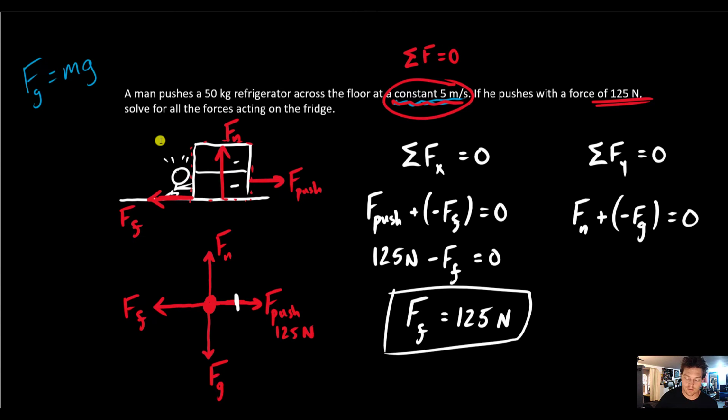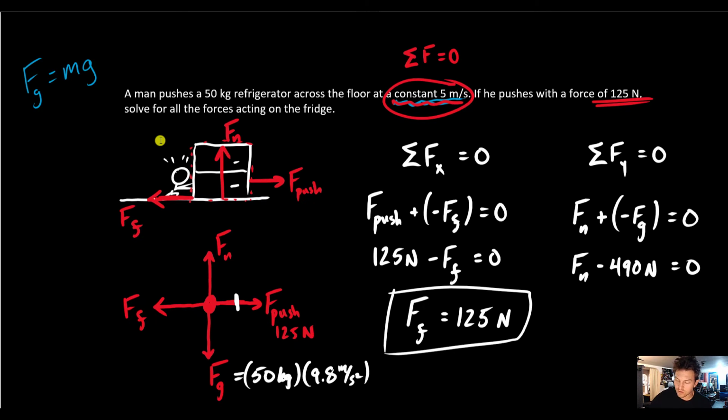So this is going to be 50 kilograms times 9.8 meters per second squared, which would be 490 newtons. We just plug that into a calculator real quick. So we would have normal force minus 490 newtons is equal to 0. We just do that one little step, we can solve, and we're going to find that the normal force is equal to 490 newtons as well.